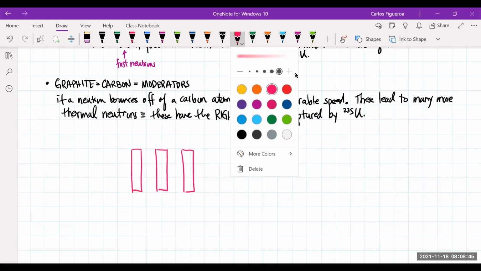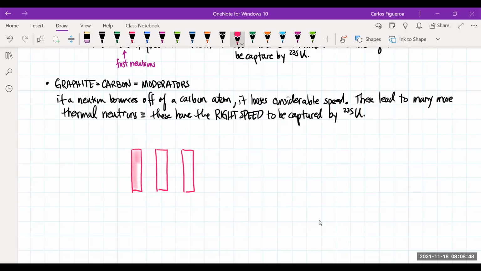They contain reactor grade 235 uranium. In other words, it's somewhere between 3 to 20% of 235 uranium.